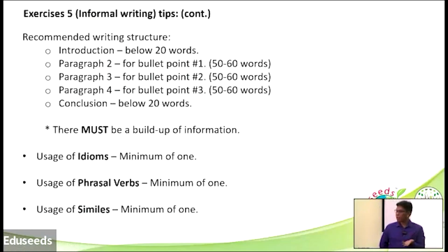And paragraph 4 will contain your details for bullet point 3. Do remember, as you are writing, you must have a build-up of information. Why? Because that's how you develop a story. That's how you develop something interesting for the other person to read. There must be a build-up of information.